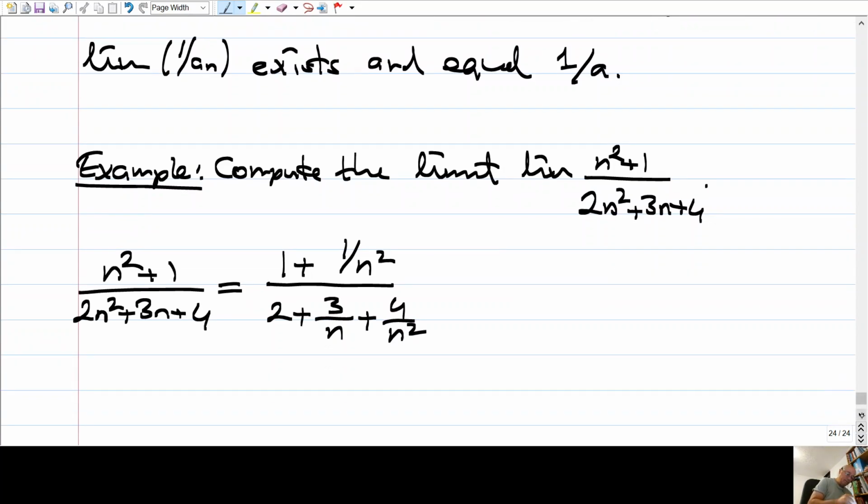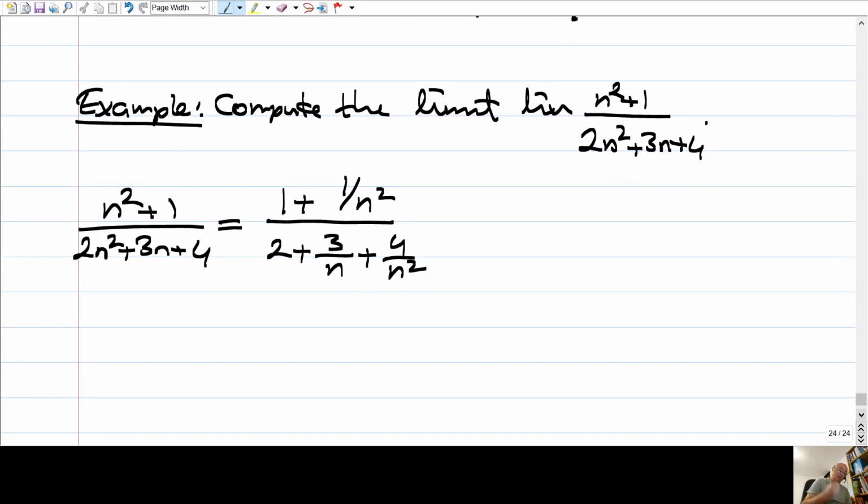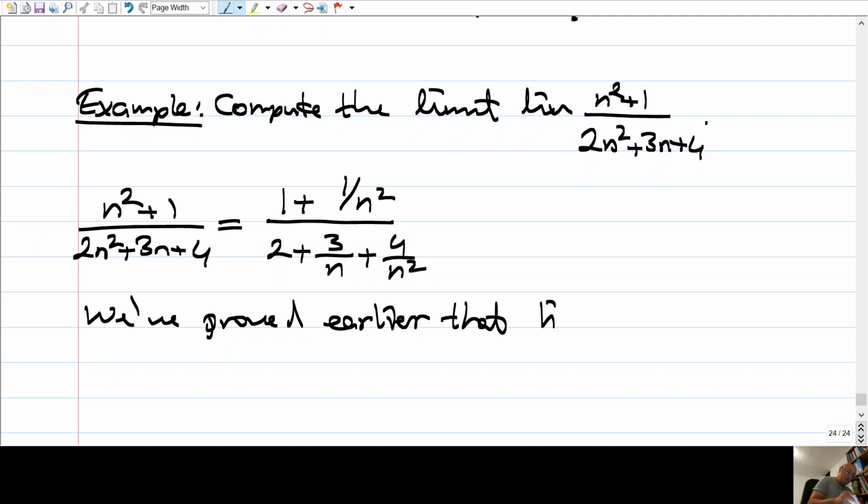So we have this. Now you see I have several terms and summations, and then I have a division. Well, we proved earlier that, right, that was actually the first thing we proved, the limit of 1 over n is 0.